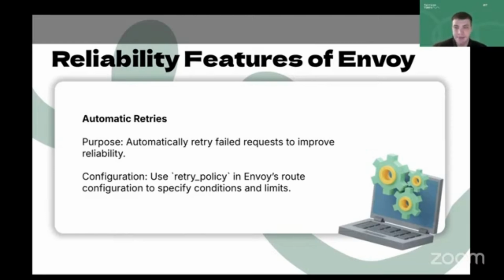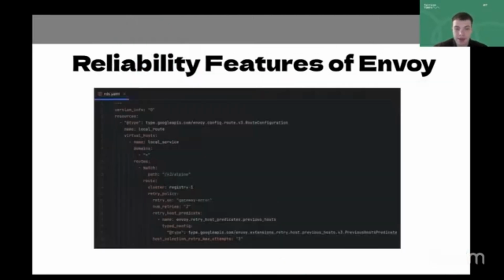And to configure it, you have to add a retry policy section in your routes configuration. As an example, we've talked about route for V2 Alpine, to route Alpine image requests to container registry number 1.